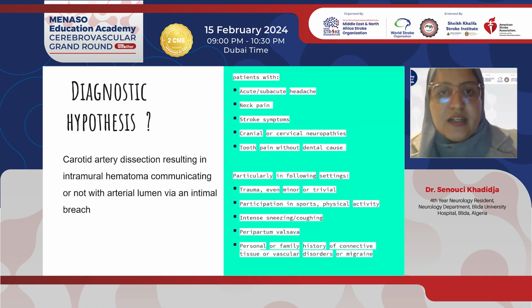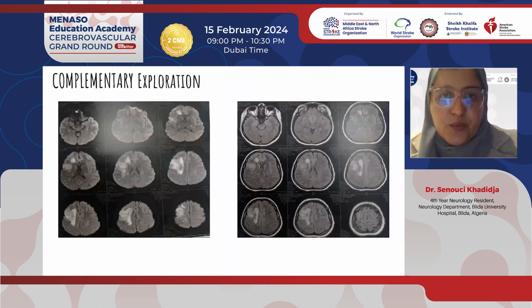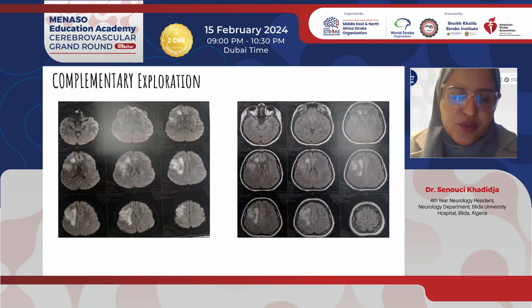So we conducted an MRI on our patient, and it evidently showed a double MCA infarct, a right MCA infarct, but with 2 different hyperintense lesions, one in the superficial territory and one in the profound territory.